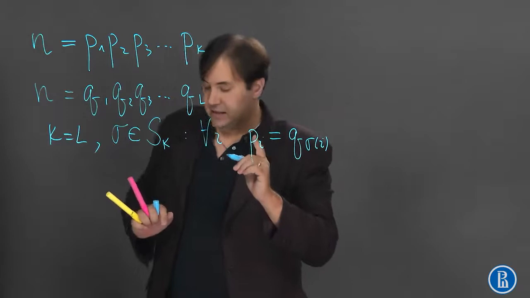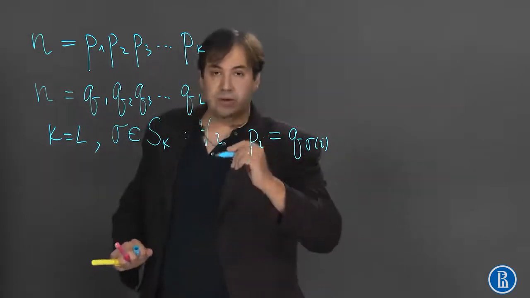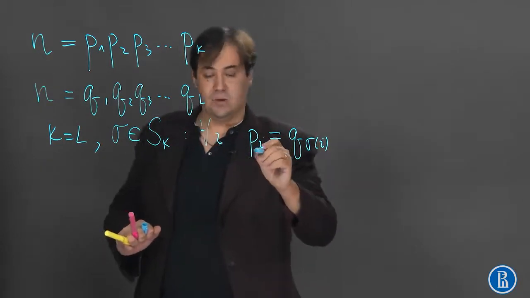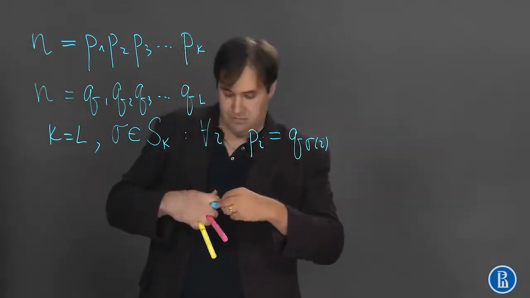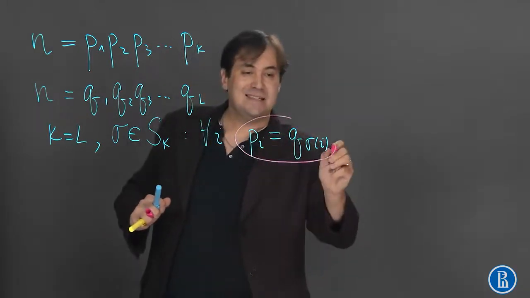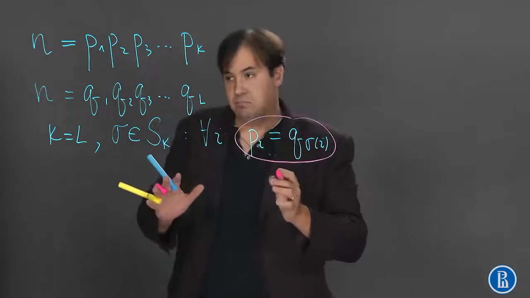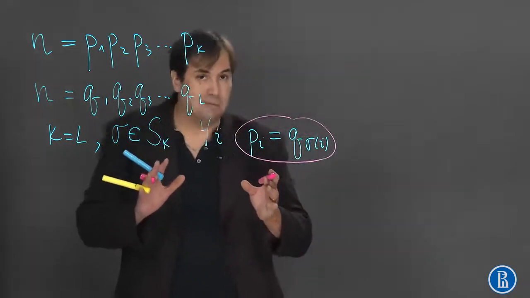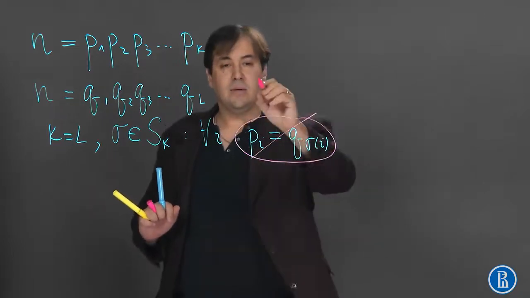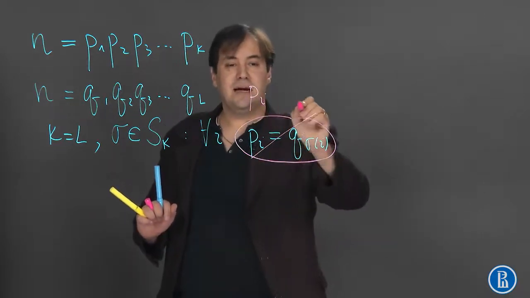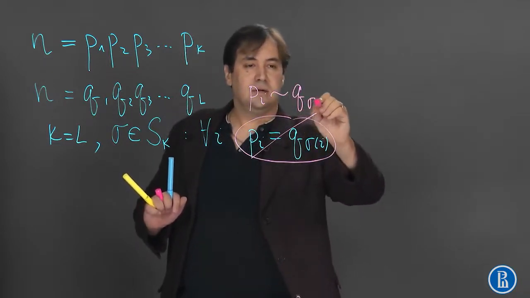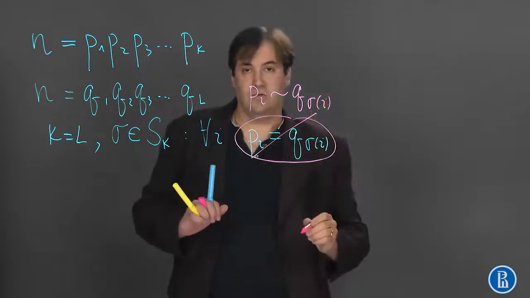But this is not quite so. I wrote equality here, but actually I meant that these two numbers must be not necessarily equal, but associated to each other. This is a standard mistake which may be made by many people. So I will write it correctly. We say that pi is associated with q sigma of i.